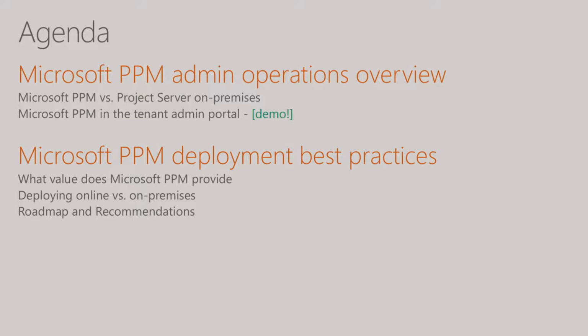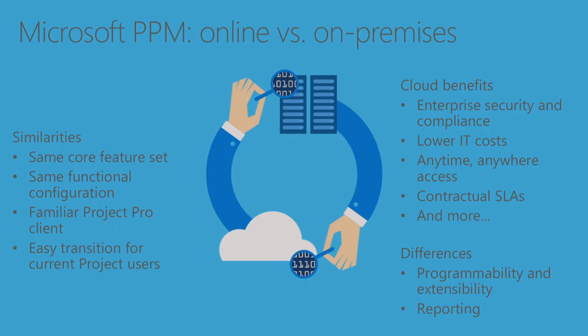First of all, since a lot of you know Project Server and also Project Online, I just wanted to go over some of the quick differences and similarities between the two. From the get-go, when we started the first release of Project Online a few years ago, we really wanted to make sure that the core feature set was the same between the two products.